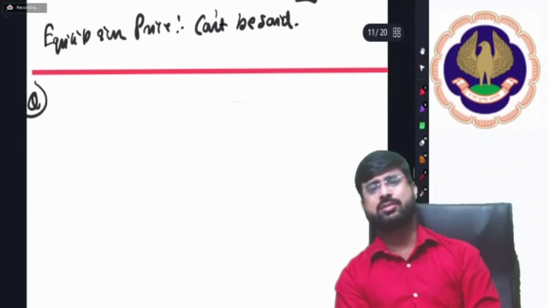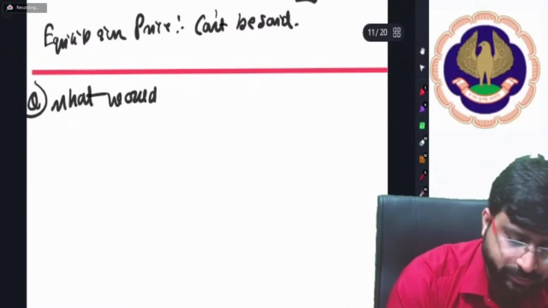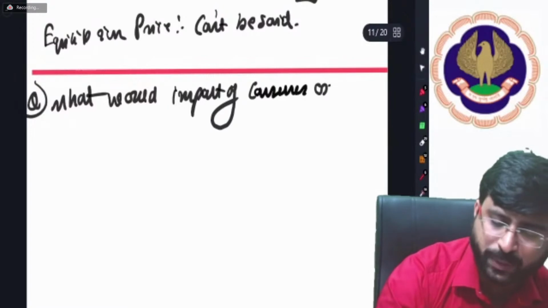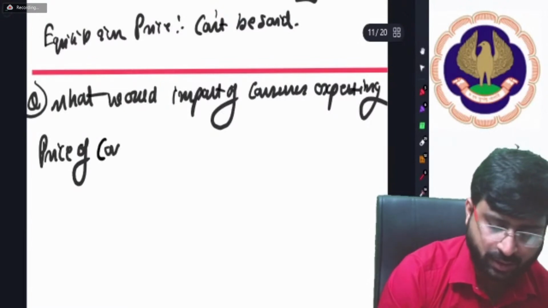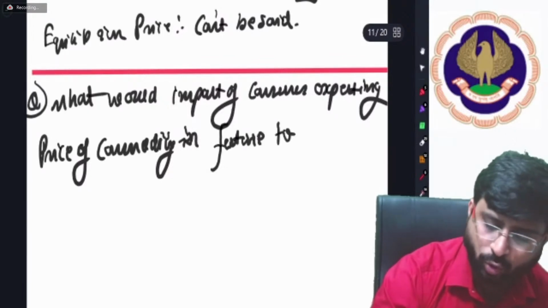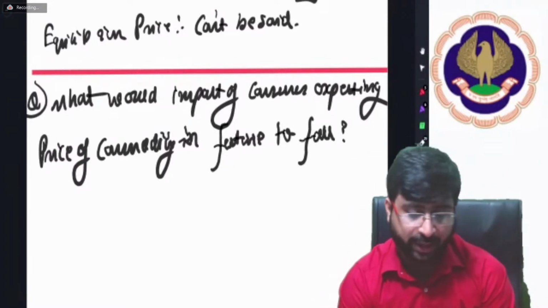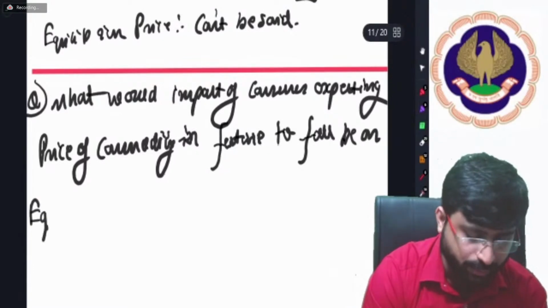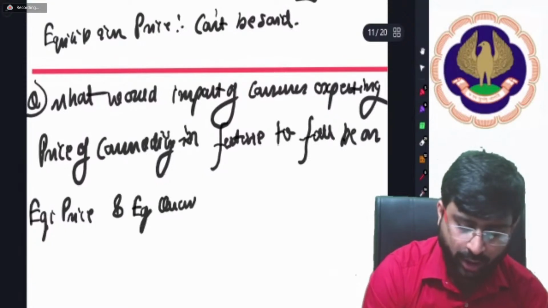The question is, what would be the impact of consumers expecting the price of a commodity in future to fall, on the equilibrium price and equilibrium quantity?